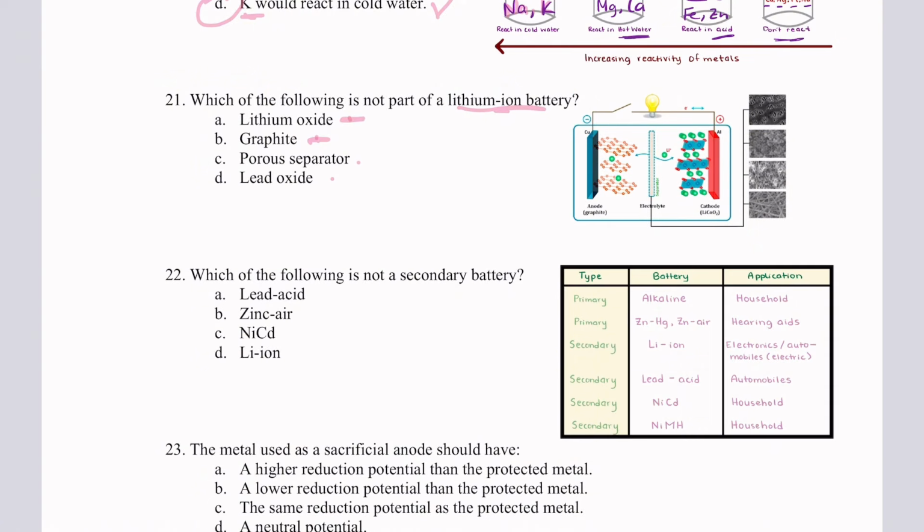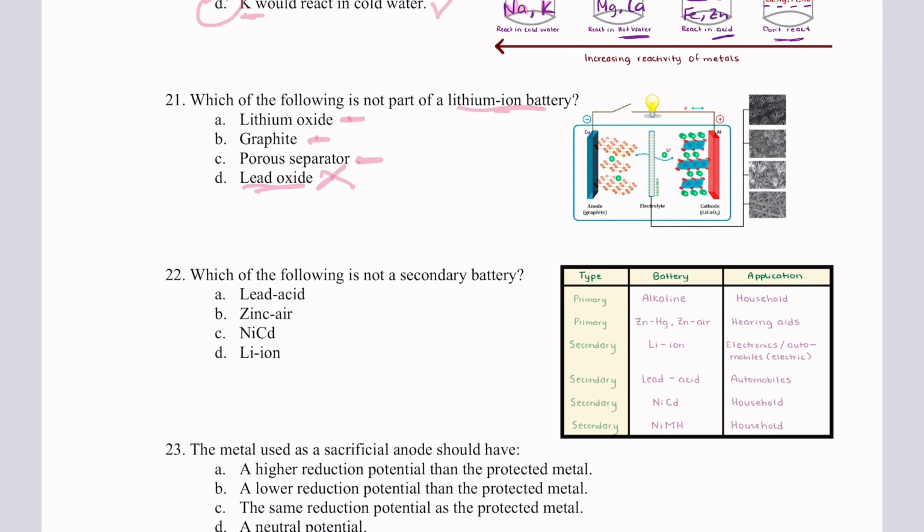Between the anode and the cathode, there's a porous separator that allows lithium ions to move back and forth while preventing a direct electrical short between the electrodes. Lead oxide, however, is not used in lithium-ion batteries.